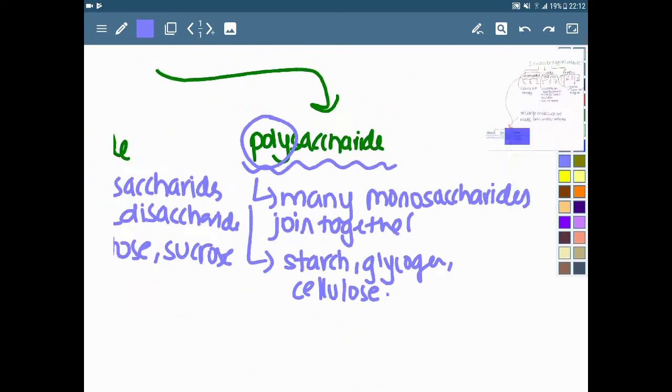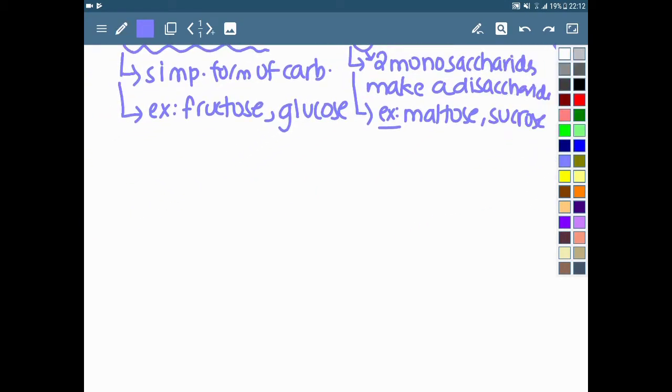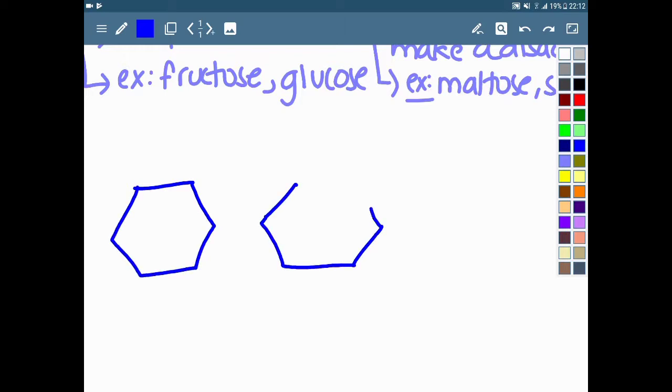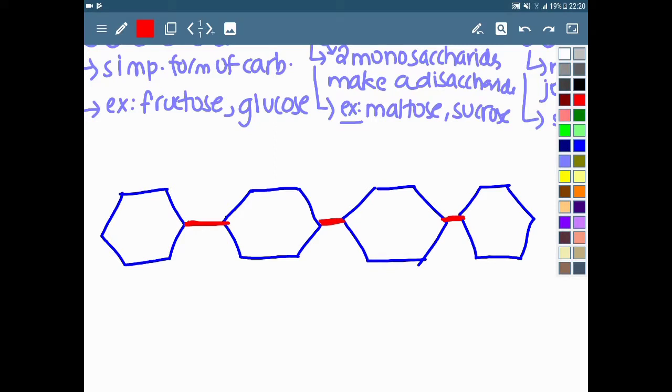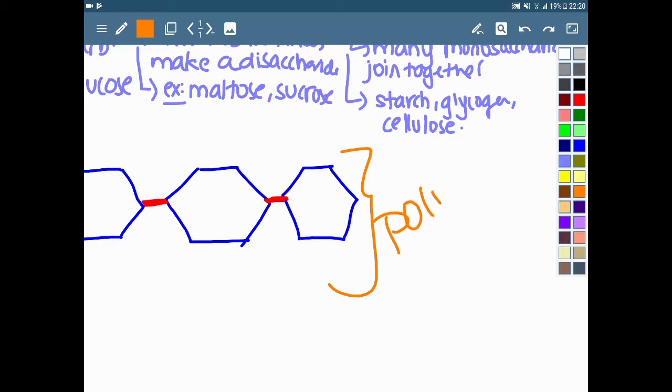Now I'm going to draw a diagram for this, and it's going to show what a polysaccharide looks like. So this whole thing is called a polysaccharide.